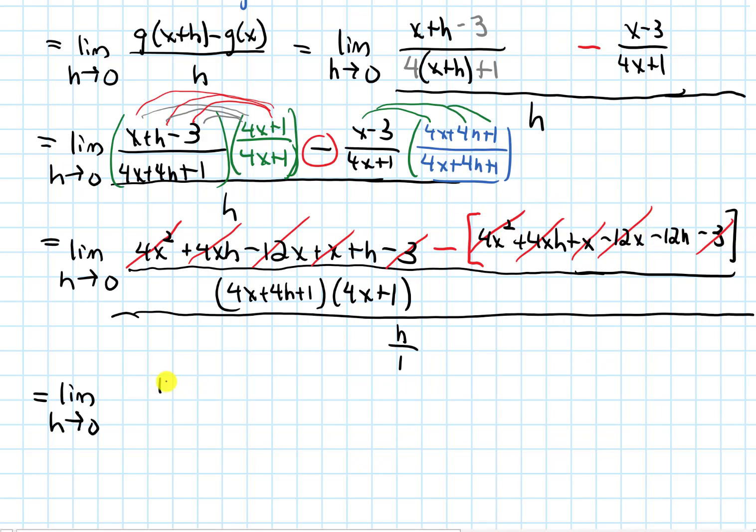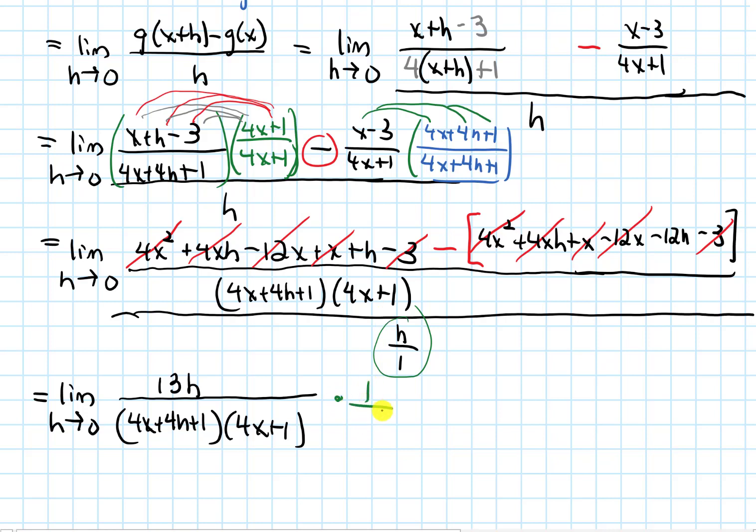So overall, I'll have 13h over 4x plus 4h plus 1 times 4x plus 1. Finally, when I divide by this h over 1, that's the same thing as multiplying by the reciprocal, 1 over h. I promised this cancellation later, and here is the h on the bottom canceling with the h on the top.